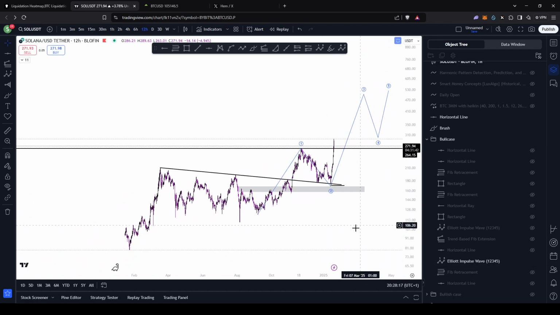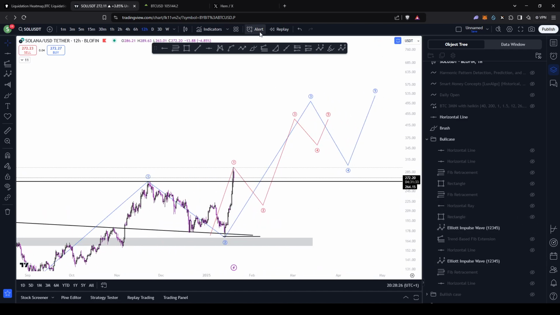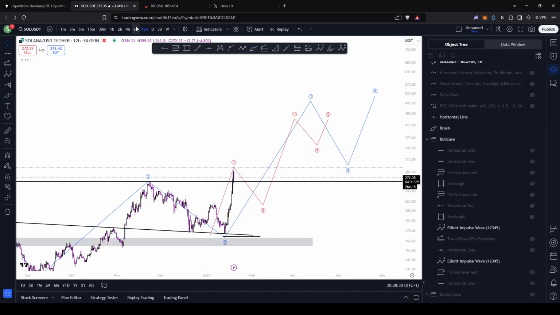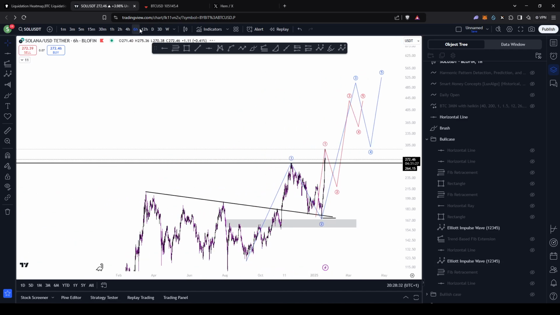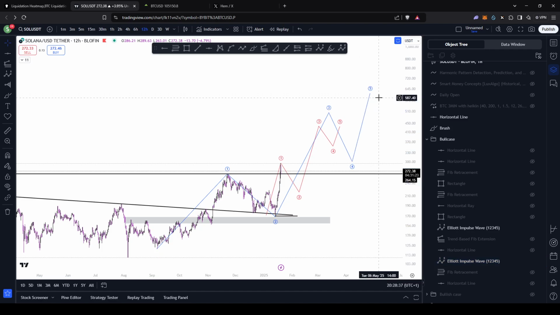So let's add some layers to this. We have a structure locally that we're looking for now, and that is this 5-wave move inside of your 3-wave. Wave 3 is the most impulsive move in an Elliott wave most of the time. I would say most of the time, because wave 5 can also be very expanded.